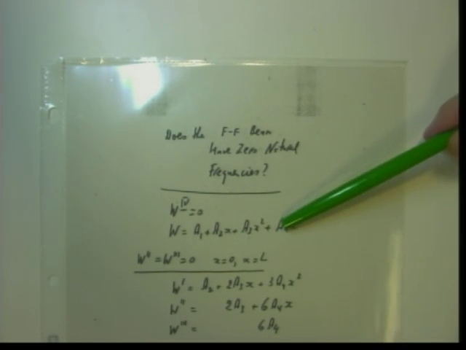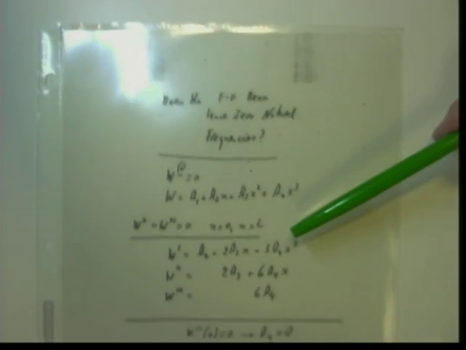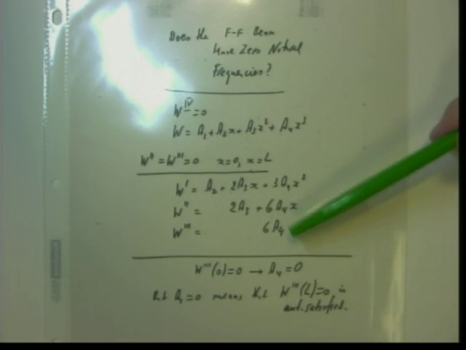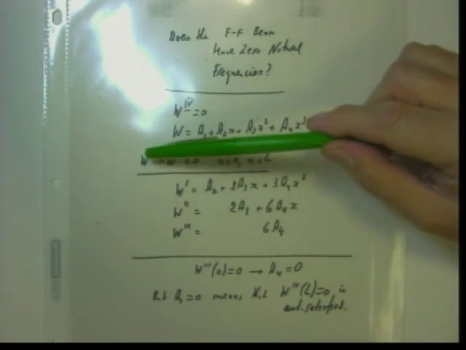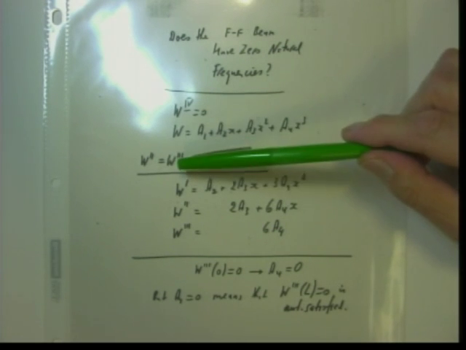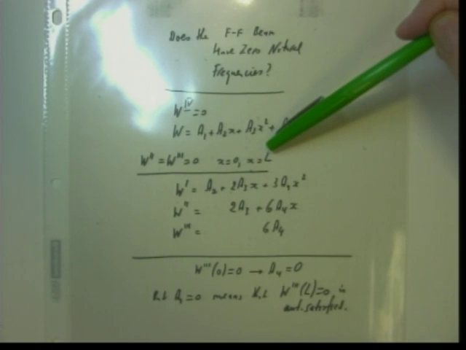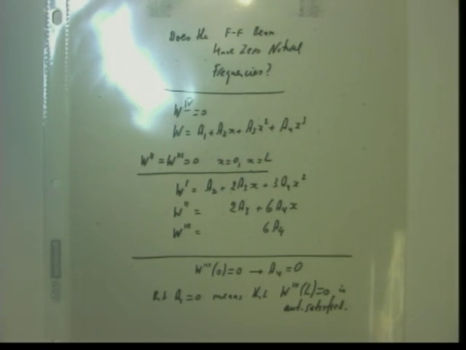Okay, are you writing this? Now I have to satisfy the boundary conditions. So it is a free beam, means bending moment equals 0 and shearing force equals 0 at x equals 0 and x equals L. So we calculate the first derivative.